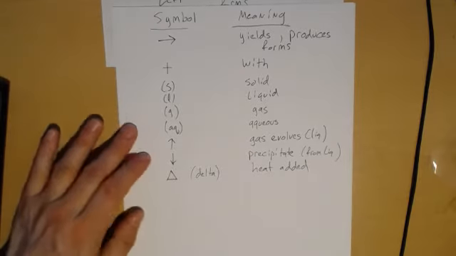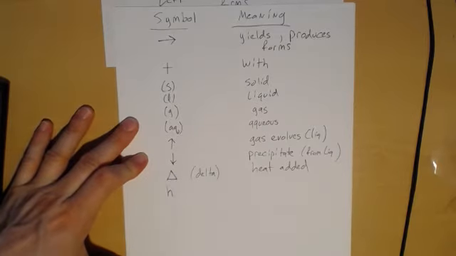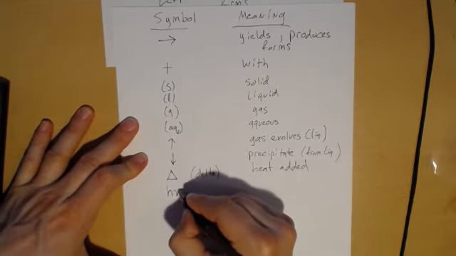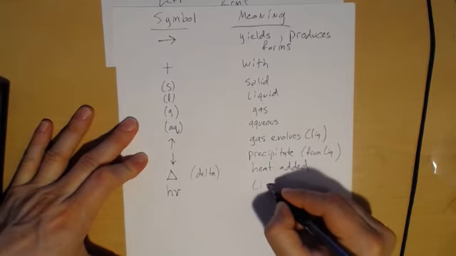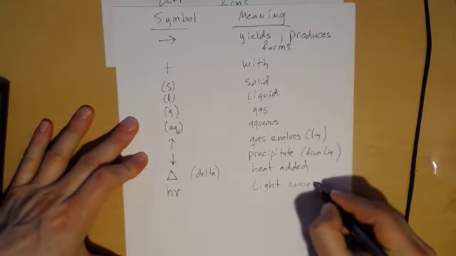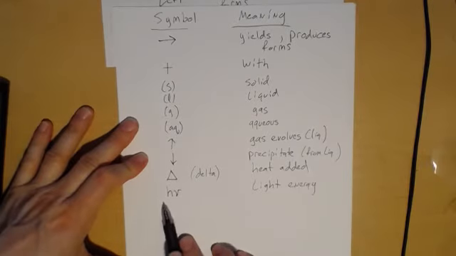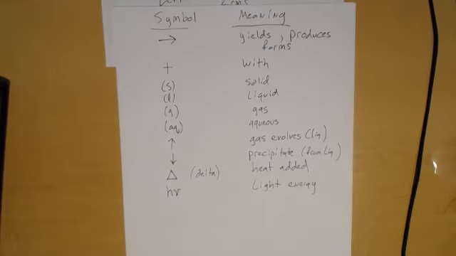That's a pretty good set of symbols. There's one more that I would add. Since we did our quantum mechanics, h nu is sometimes put in to mean light, right? Light energy specifically, right? Frequency times Planck's constant gives us energy. And so some reactions either give off light energy or absorb light energy in order to happen.